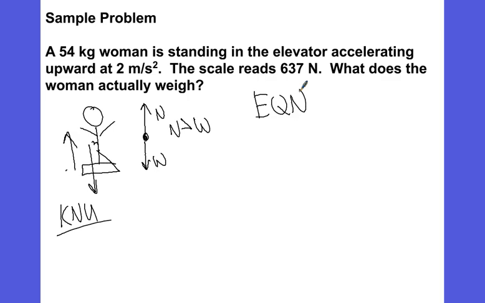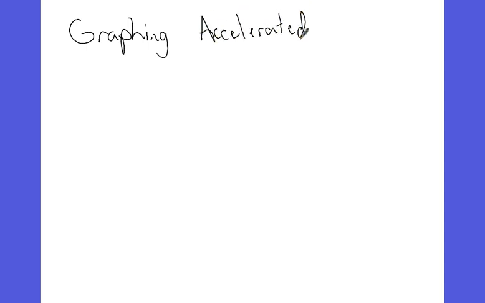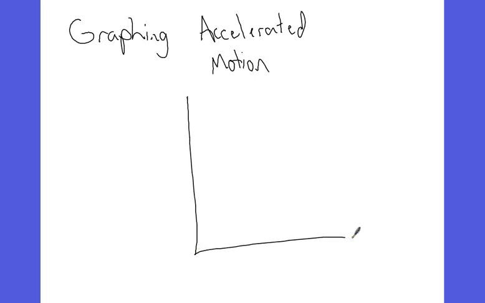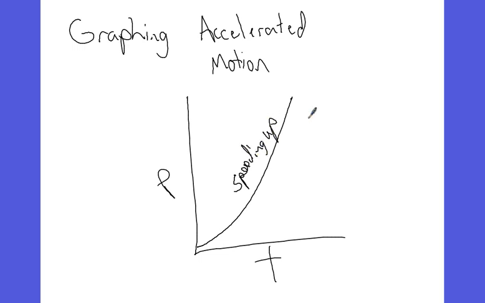Oh, one last thing. Graphing accelerated motion. I forgot to make a slide for this. We should have already seen this in lab, but if I'm graphing accelerated motion, position versus time, you should find that your position, if you're speeding up, would look like this.